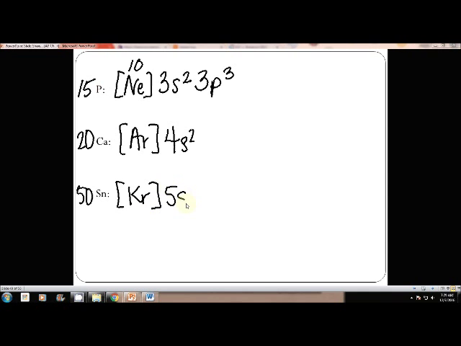So we have 5s2. And then after 5s2, we go to d, and that is 4d10. That's the hard part to remember, the d's that are kind of off whack. And then we're in the 5p, and tin will end in 5p2 because we need just 2 more electrons to make 50. All right, so that's our noble gas configuration.